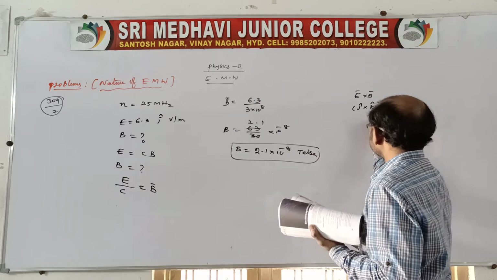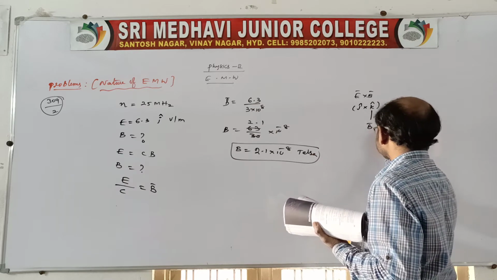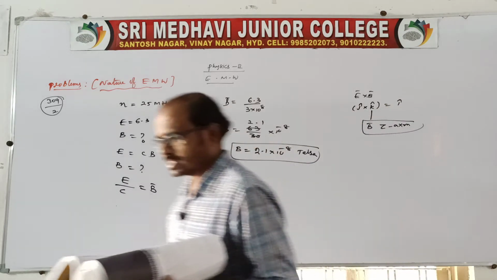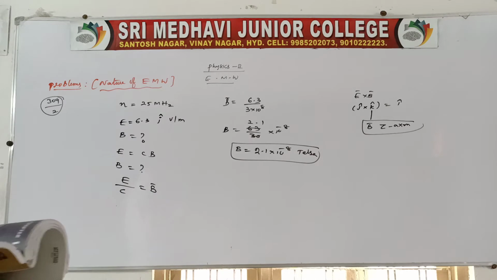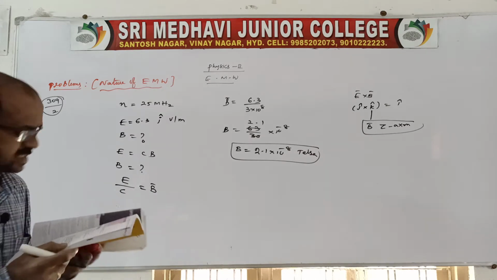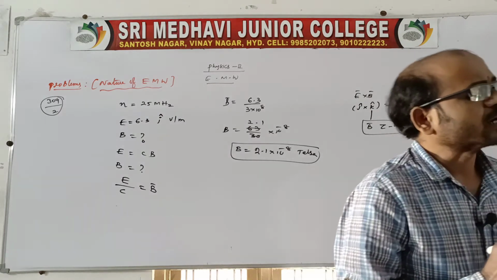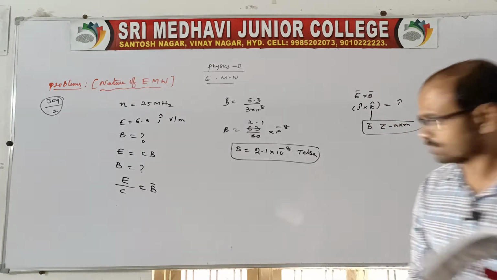So B is moving along the direction of the Z axis. The conclusion for this question is B equal to 2.1 into 10 power minus 8 Tesla. Clear?